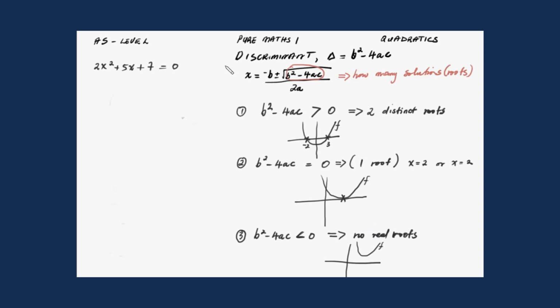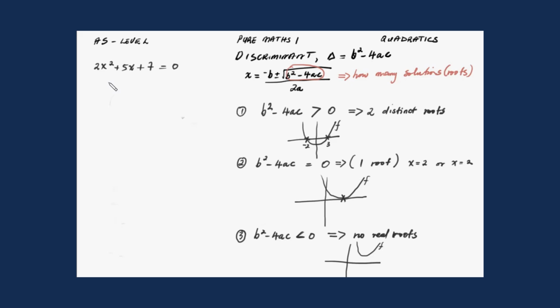All right, guys. So let's say we wanted to find the nature of the roots of this quadratic equation. We cannot talk about the nature of the roots without having found the discriminant. So here we are going to find the discriminant.